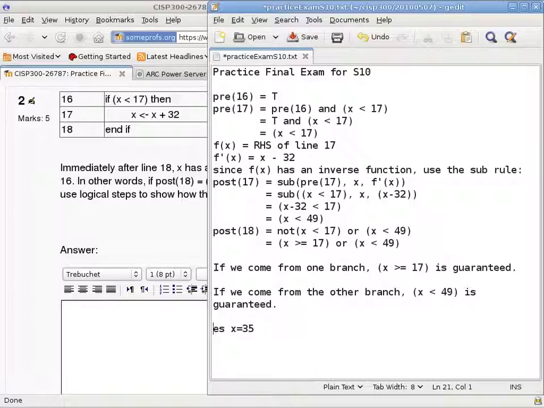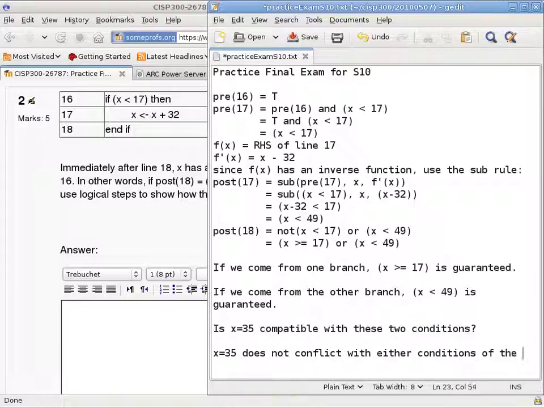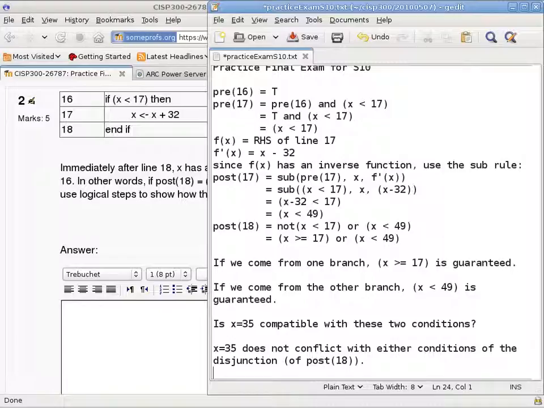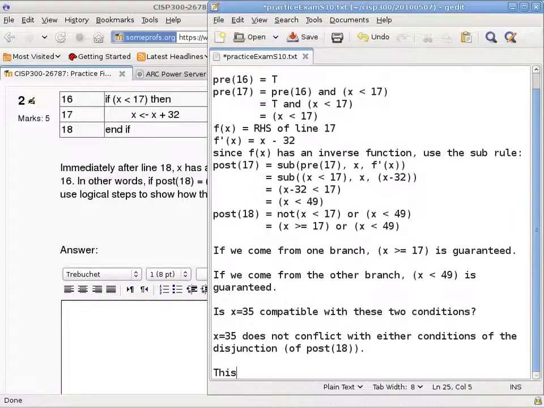Yes. Okay? The answer is yes. X equals 35 does not conflict with either condition of the disjunction of post 18. Is that making any sense? So this means that we could have come from either branch of the conditional statement.